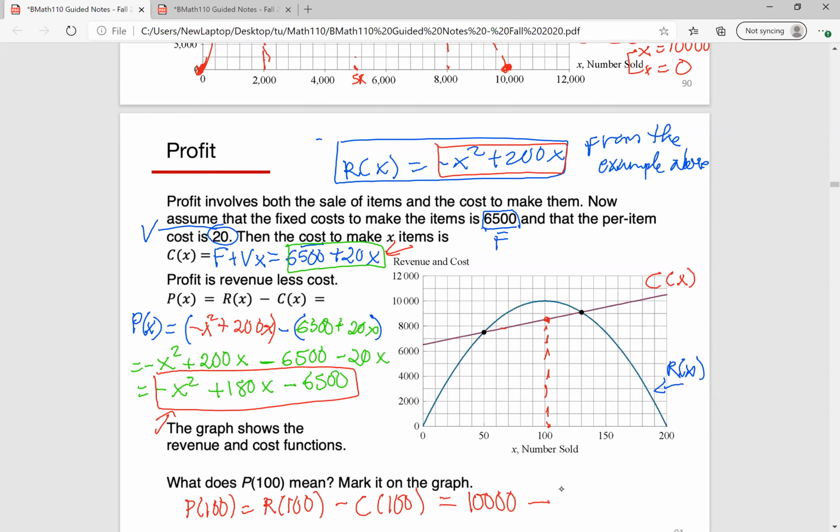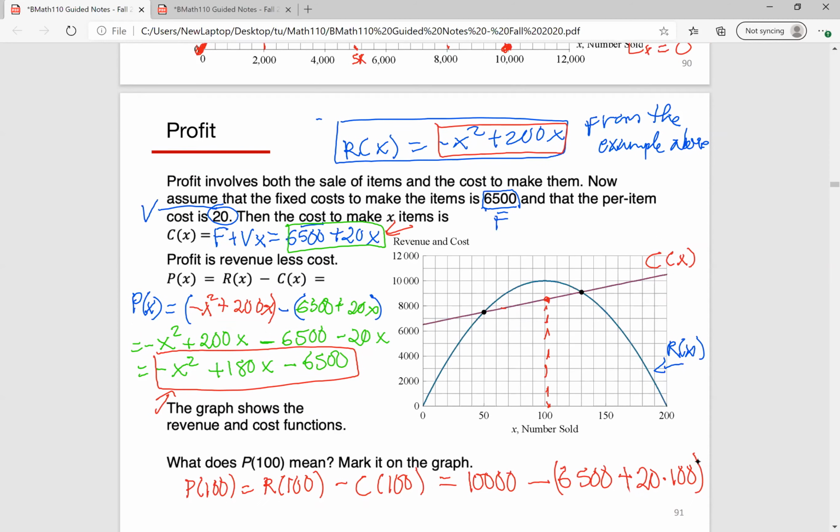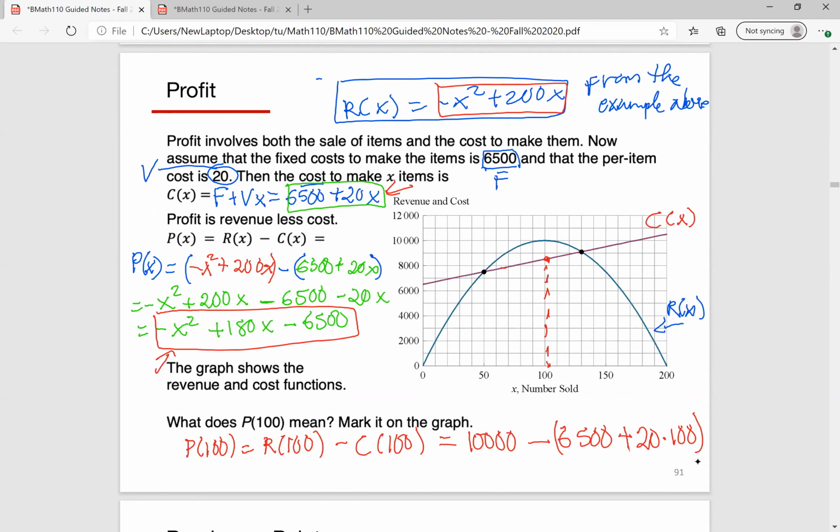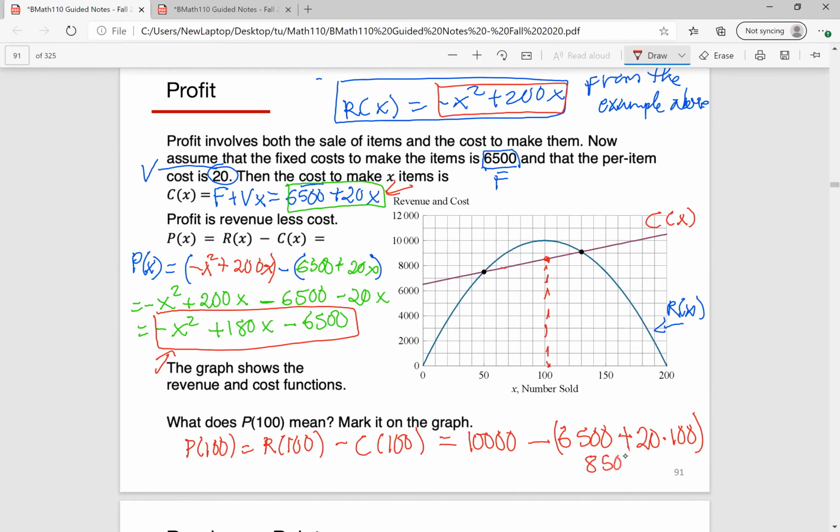You're gonna have 6,500 plus 20 times 100. So that's gonna be 2,000. So 6,500 plus 2,000 is gonna be 8,500.